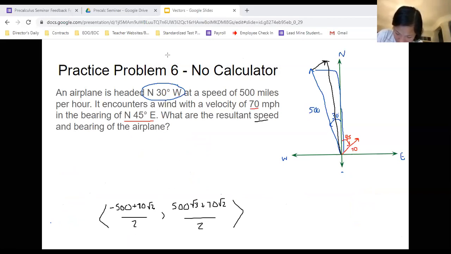Let's see. So if we plug this into our calculator, I'm going to go ahead and rewrite these components in decimal form. So it should be something like negative 200.5 and 482.51.